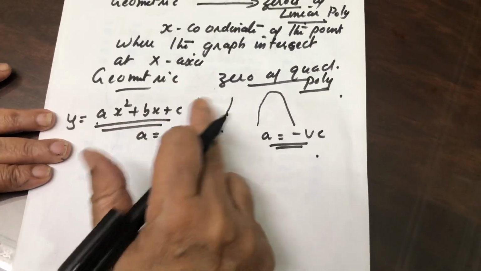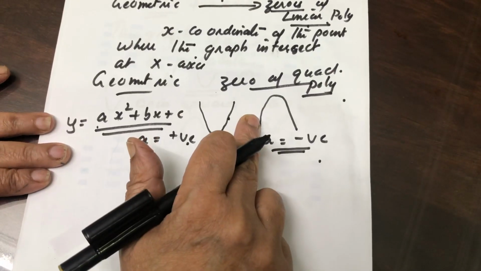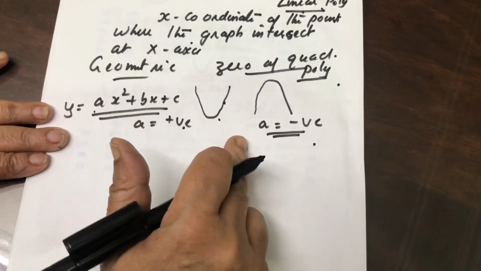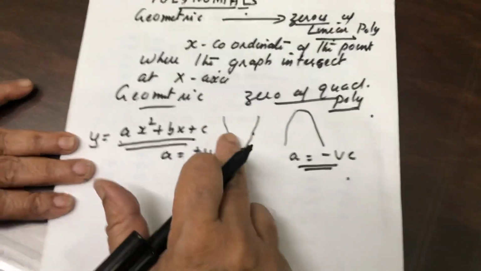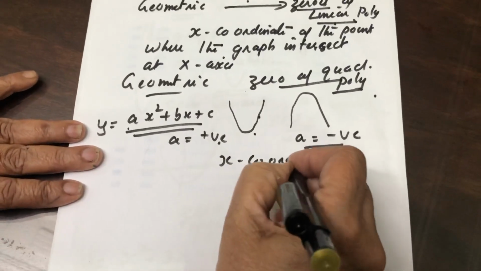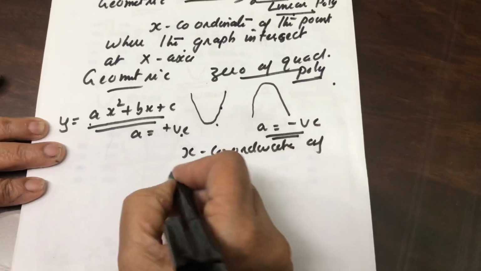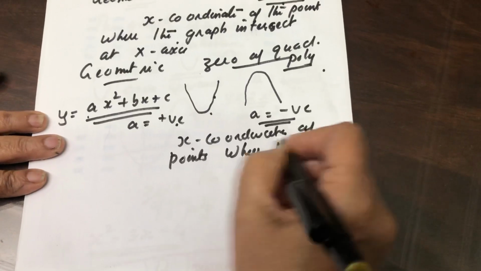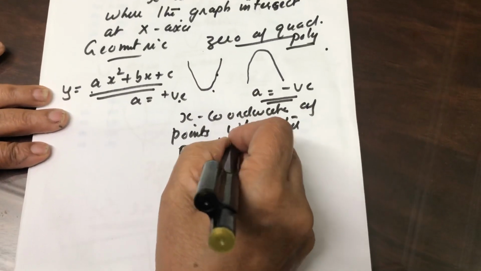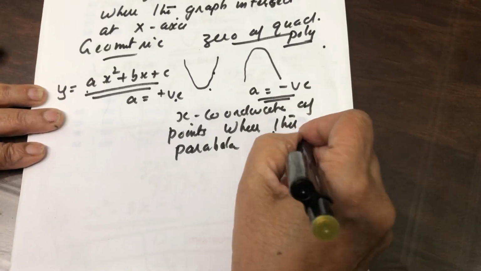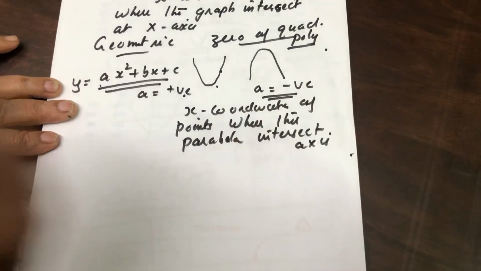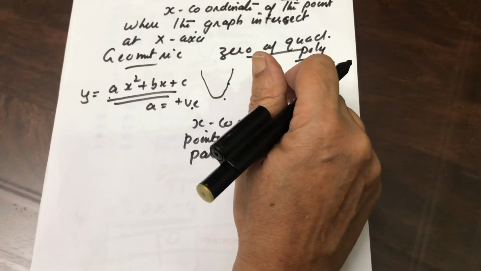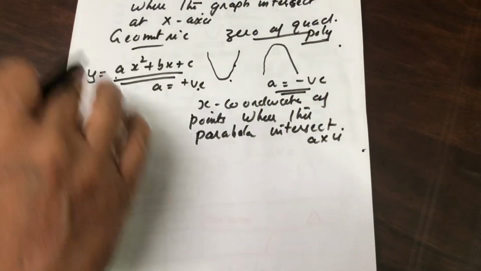The x coordinates of the points where this parabola intersects the x-axis are called the zeros of the polynomial. So both these graphs I have already shown you. Now we are going to take some cases.